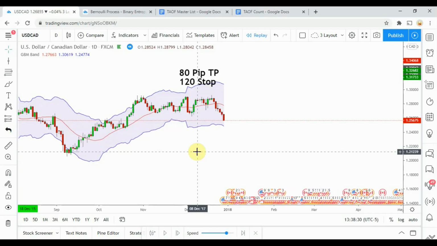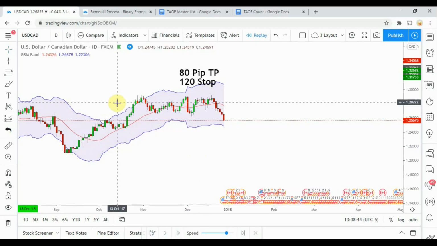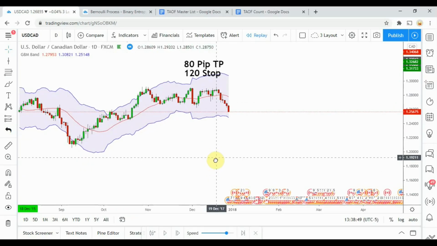That is the reason why it was set on the default settings that it was, and why it wasn't really intended to be used the way that we're using it now, trading the bands as price action interacts with them at certain points.